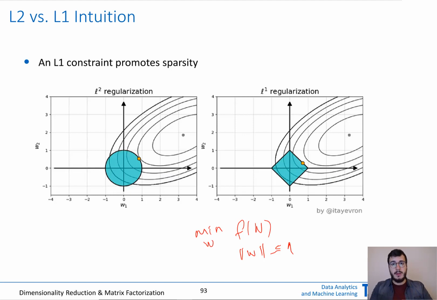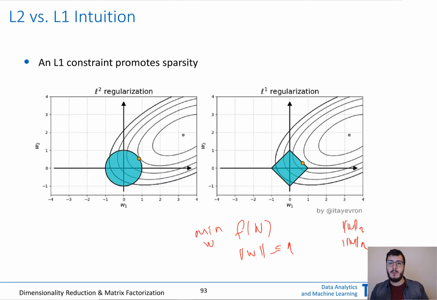And in this example, w is two-dimensional, and we're trying to think about what happens when we have the 2 norm versus the 1 norm in the constraint. Just to make things clear, this constrained optimization problem is only for illustration purposes. In the matrix factorization problem and in this lecture so far, we have only been working with unconstrained optimization problems.